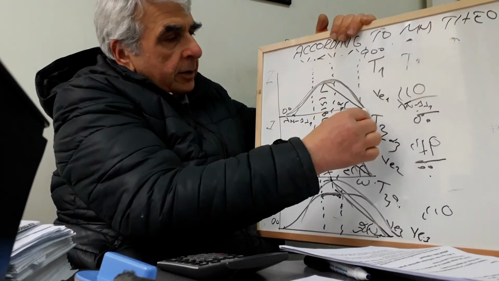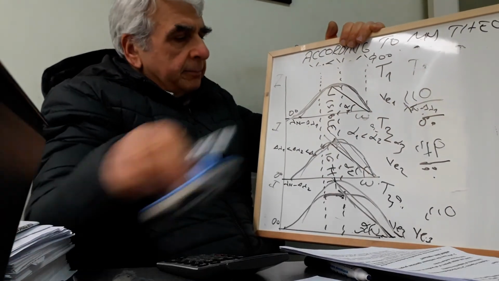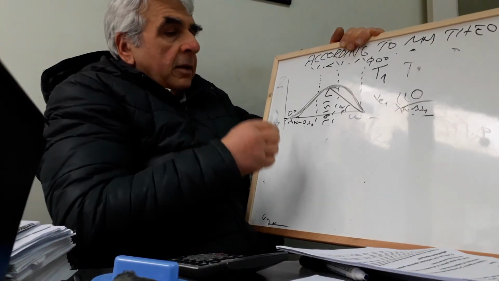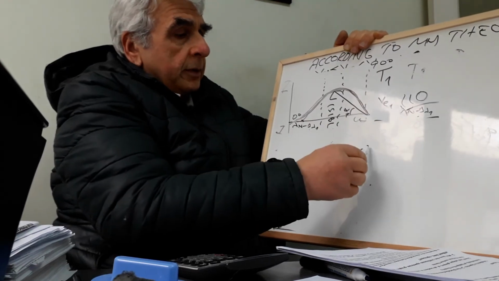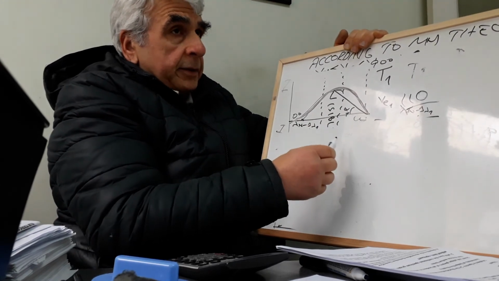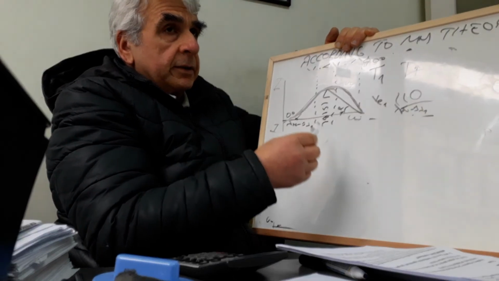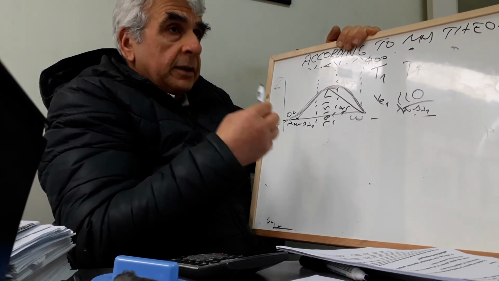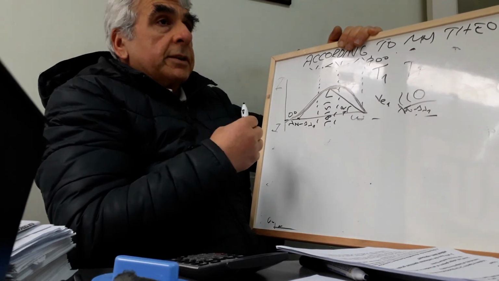Light, this shape, according to my theory, is proof that light velocity, the light and source, is not isotropic.